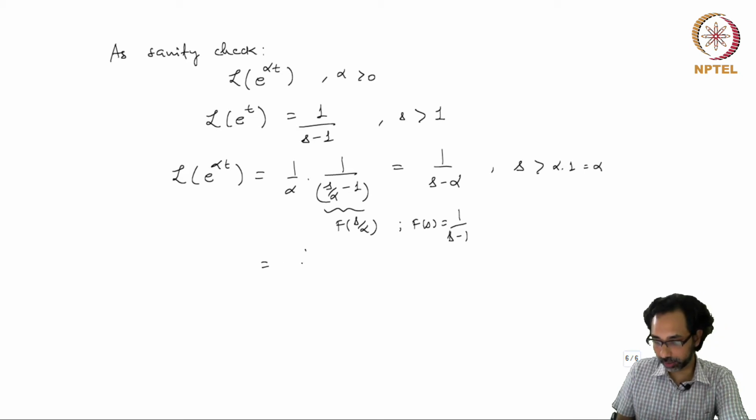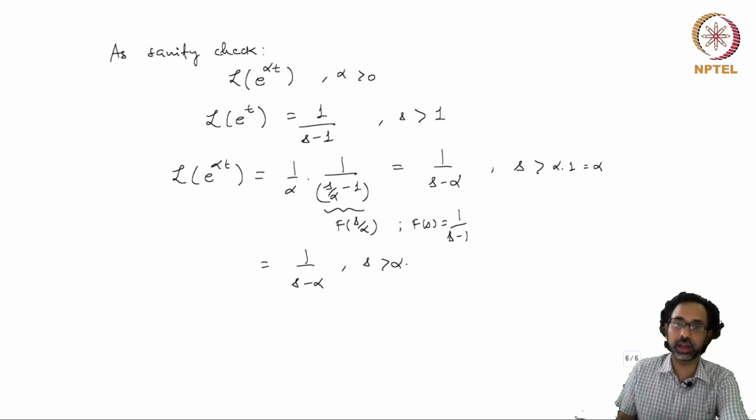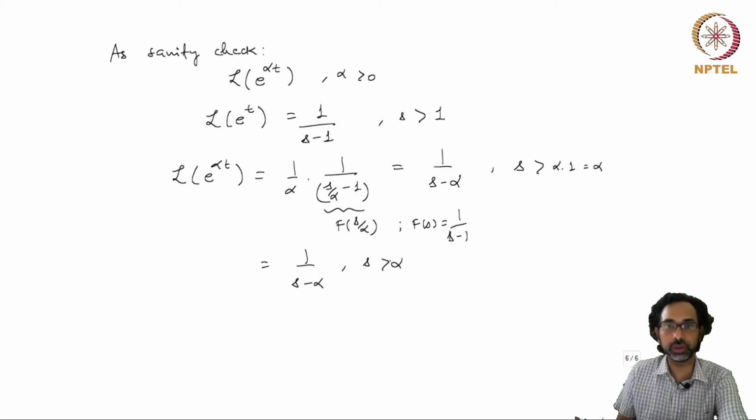So you get the Laplace transform of e to the alpha t is 1 over s minus alpha, s greater than alpha, and this is exactly what we got from a direct computation. So this formula is okay.